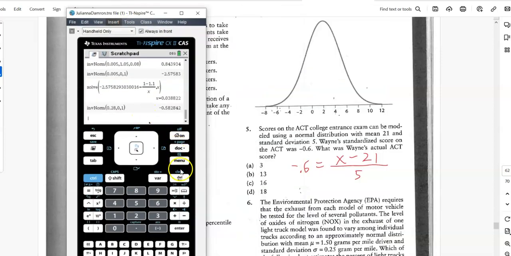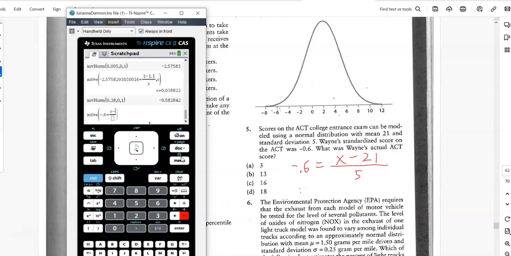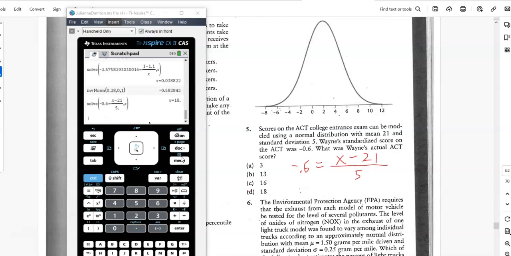It's totally fine to use your solve command, Menu 3.1, stats class, not algebra. Negative 0.6 equals x minus 21 over 5. Don't forget to put comma x to solve for the variable you want. So 18 would be it.